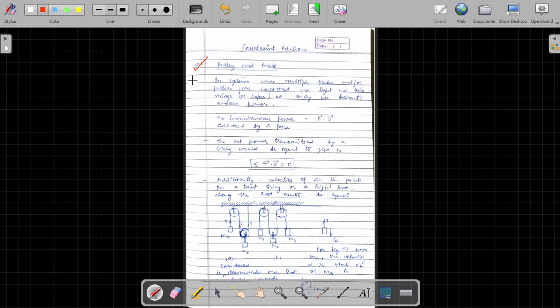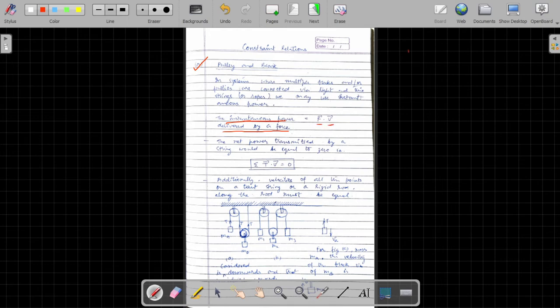What we will be learning is instantaneous power. So we'll be defining instantaneous power by a force as the dot product of the force and the velocity.